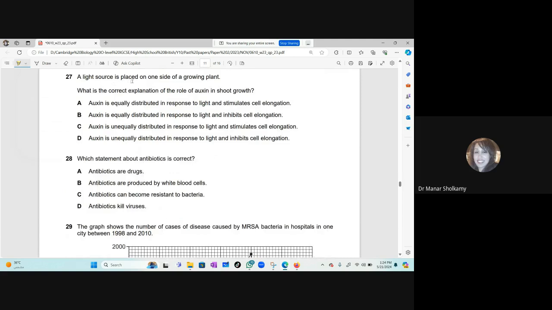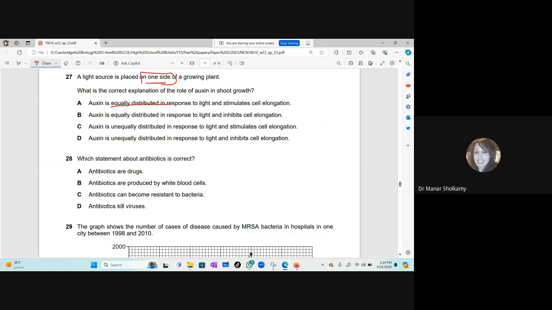A light source is placed on one side of a growing plant. What is the correct explanation of the role of auxin in shoot growth? Okay, read it and tell me. Auxin is equally distributed in response to light and stimulates cell elongation. Look, pay attention to the question. A light is placed on one side. So the auxin will be equally or not equally distributed?